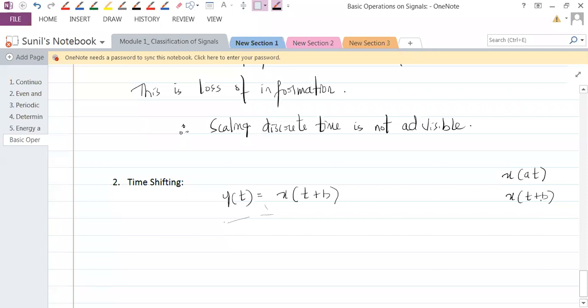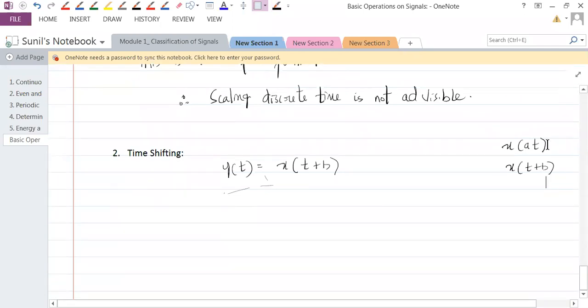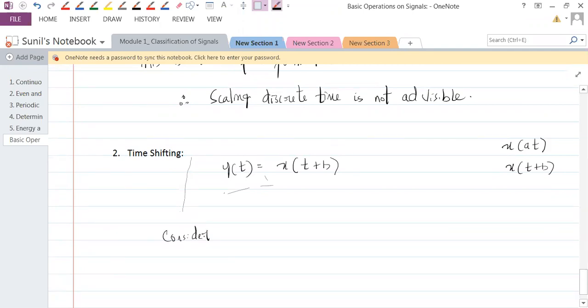Is that okay with you? Let's see what happens by taking an example. Now consider this signal x of t. Let's consider x of t, that is given as this.